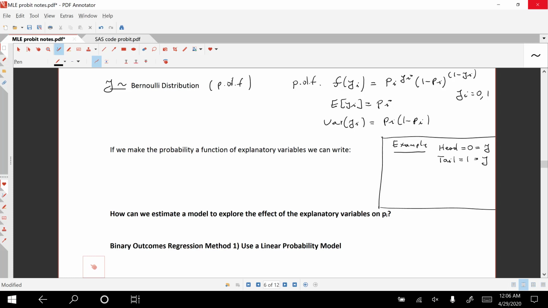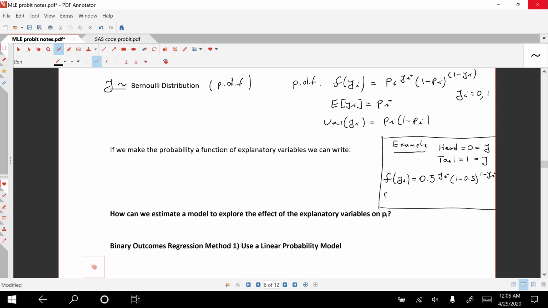So for this process, the specific values for the probability density function, if pi is going to be 0.5 if it's a fair coin. So pi to the yi times 1 minus pi to the 1 minus yi.